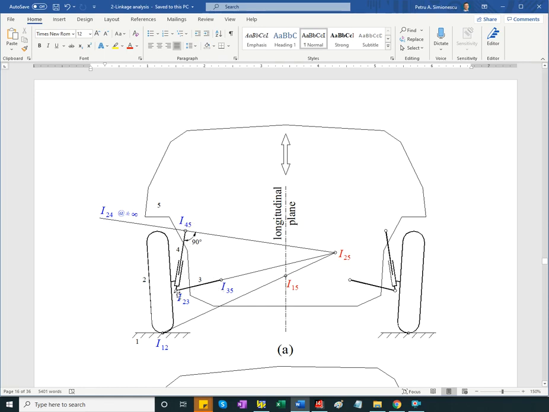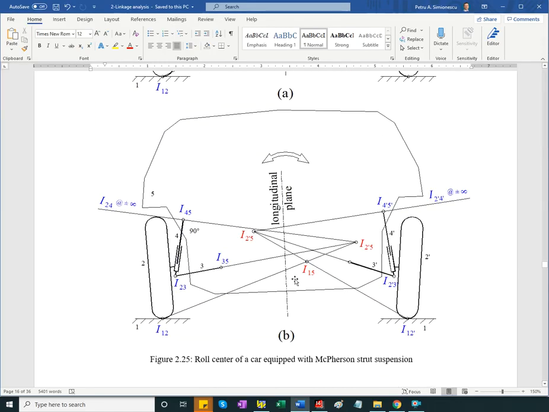Following the same approach, Kennedy line 2, 3, 5 and Kennedy line 2, 4, 5 get you instant center 2, 5, and then you connect that instant center with the contact point to the ground. This is Kennedy line 1 to 5, and in the reference position it is on the longitudinal plane. Or if it's a deflected case, this chassis is tilted and turned due to the centrifugal force. The instant center between the chassis and the ground is, as you can see here, off the longitudinal plane.